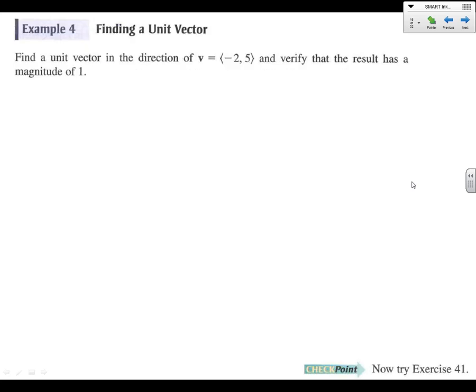All right, so if we do it with this one, negative 2 and 5, there's our vector, negative 2, 5, so 25 plus 4 is 29, so now our unit vector is negative 2 comma 5 over root 29.